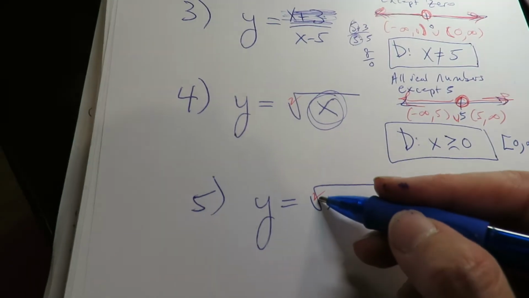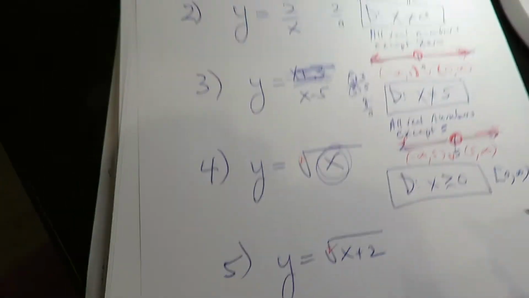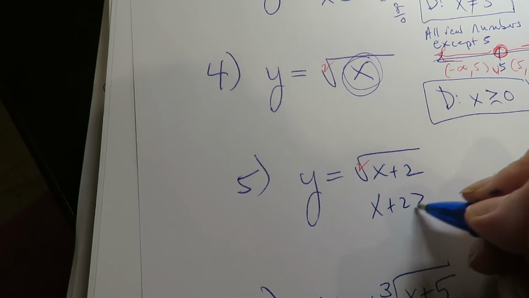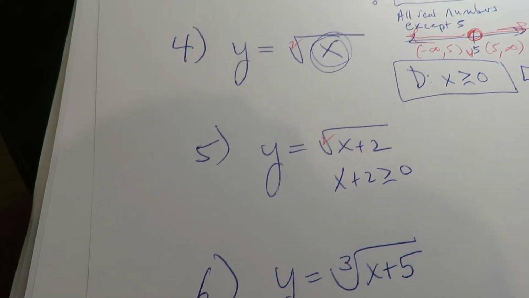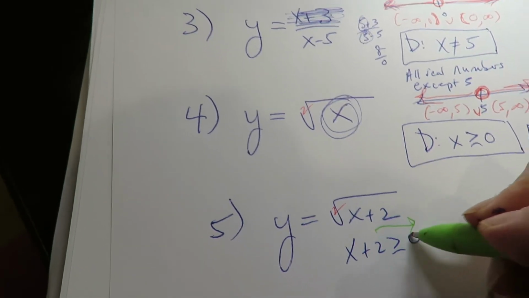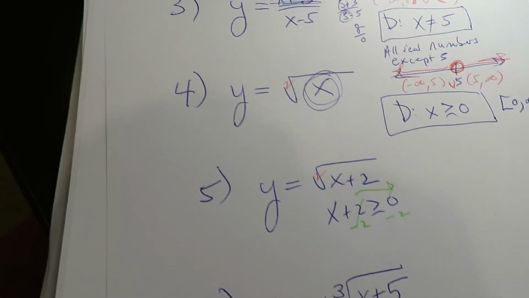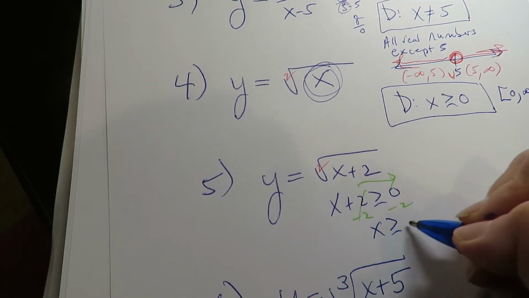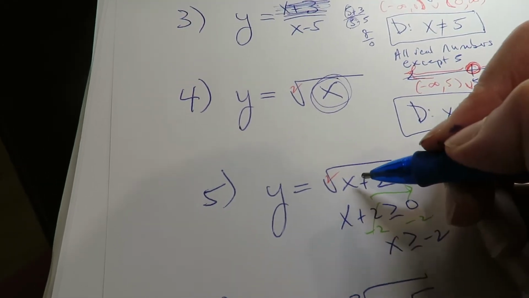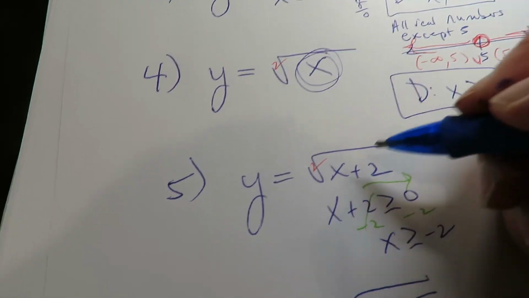Okay, the next one, again, it's an even index. So what's under here, and this one's a little more work, what's under here has to be greater than or equal to 0. Now this one you have to actually solve for x, because there's more than one thing under here. So you move the 2 over. So what's under here will stay 0 or higher if you pick a number that's -2 or higher.